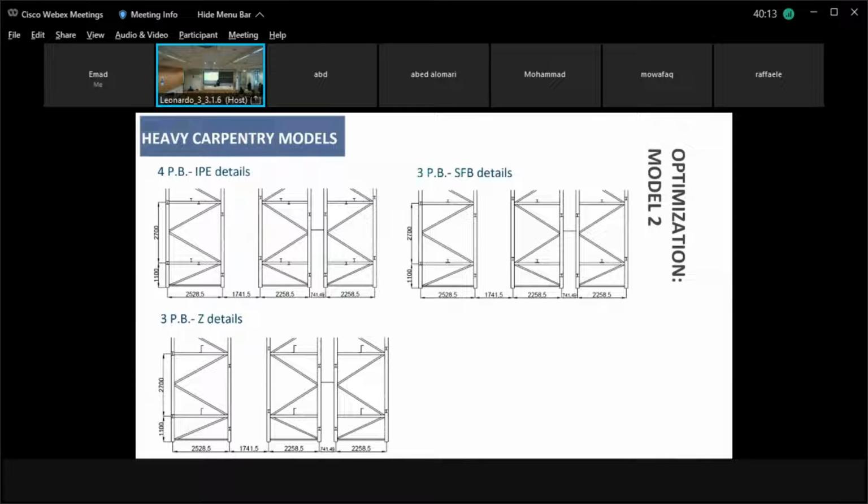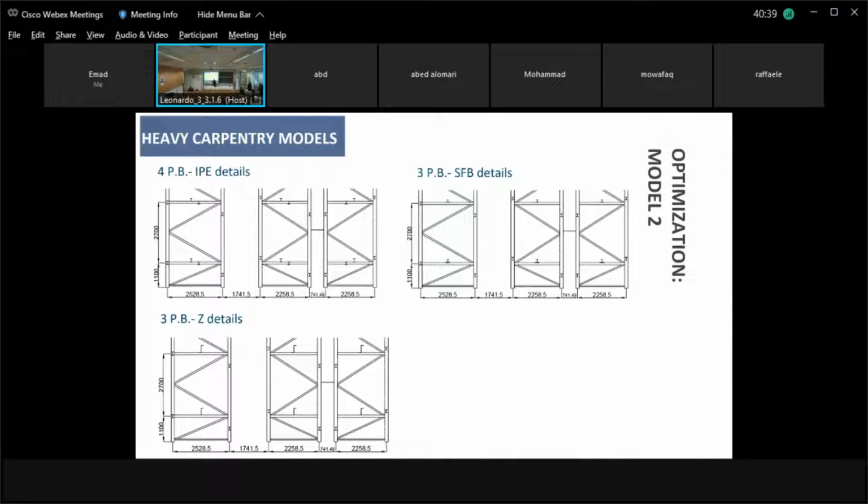So a further optimization on the model number 2. Here we can see, first of all, we use the double shoulders with 4 pallet beams, IPE profile. The second one is the 3 pallet beams with SFB details, like the slim floor beam, where we have the lower flange of the I beam wider than the upper flange.